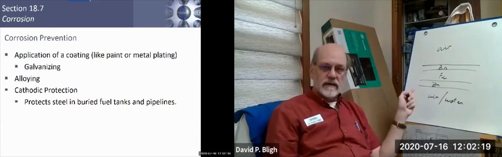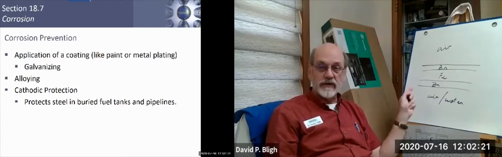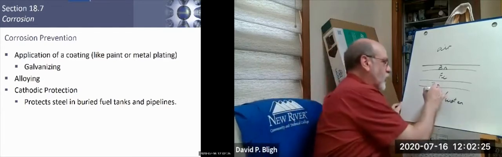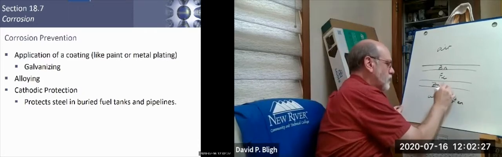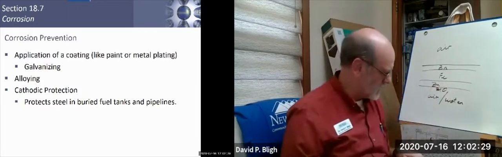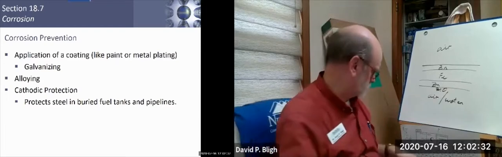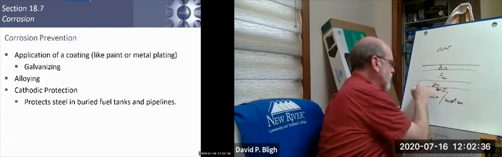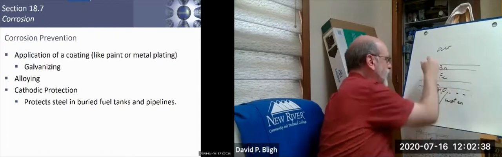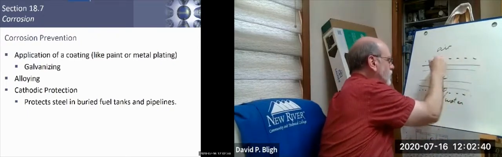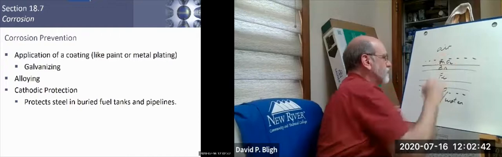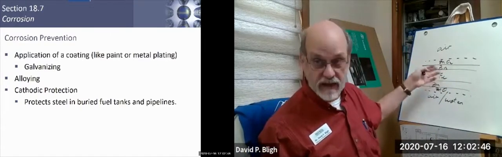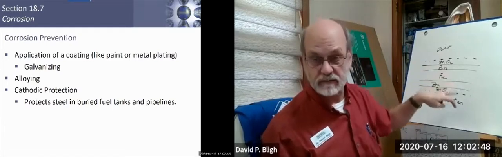Zinc is more reactive with oxygen than iron is. So the zinc will form a zinc oxide coating on the outside. And after you get enough of that zinc oxide on the outside, it also protects the zinc underneath.